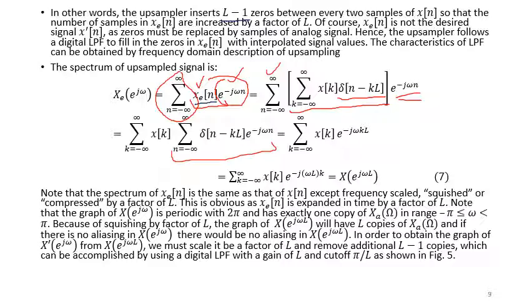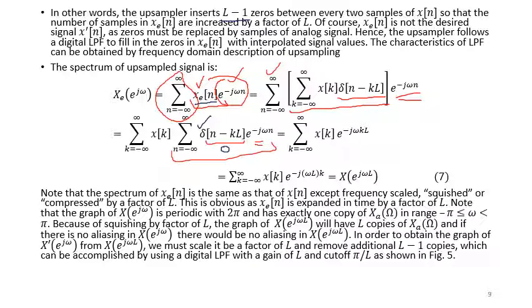Now we are just summing the impulse, n running from minus infinity to infinity, of impulse of n minus kL times this. That's quite straightforward: the impulse is 0 everywhere except when its argument is 0.